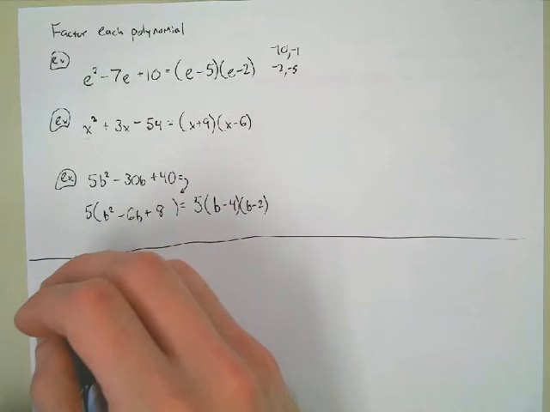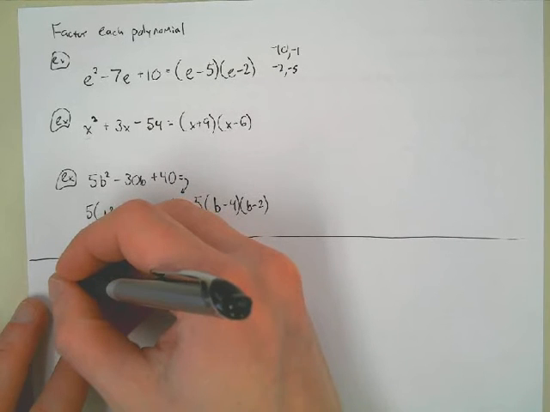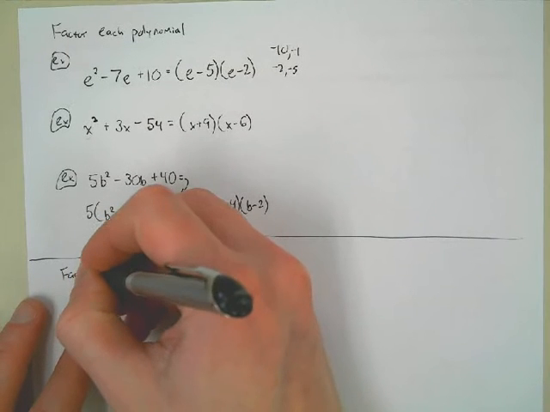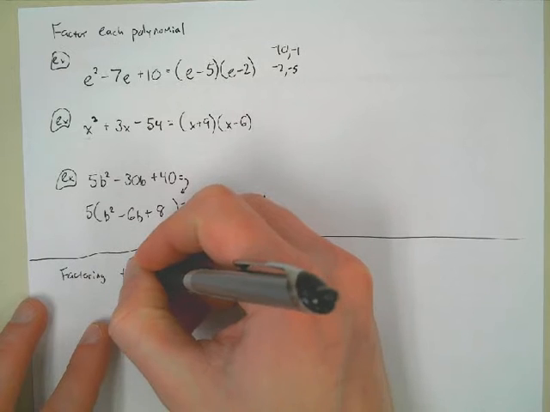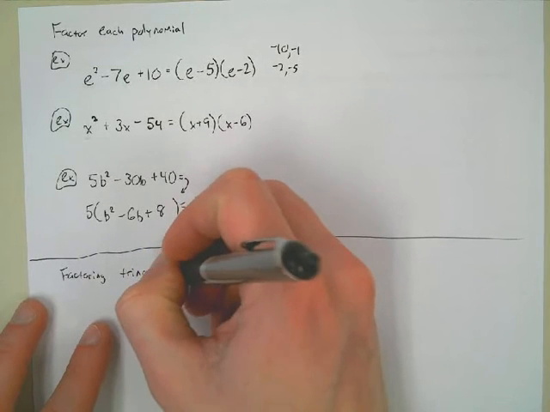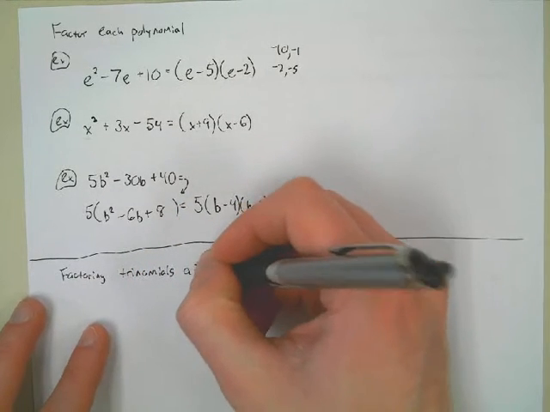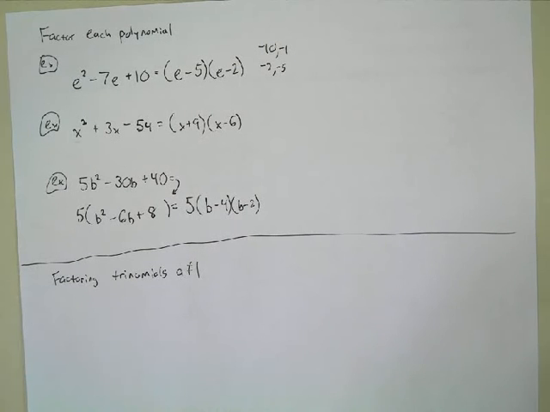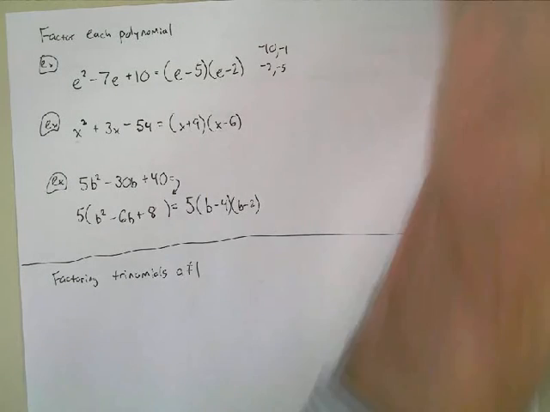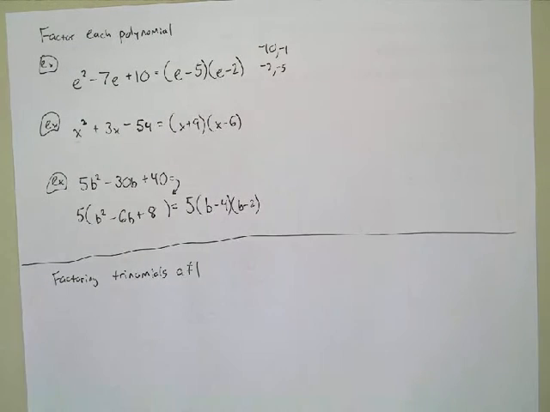So, factoring trinomials, a not equal to 1. That gets a little bit more complicated. A little bit. Or a lot, sometimes. Let me see if I can pick a nice one.